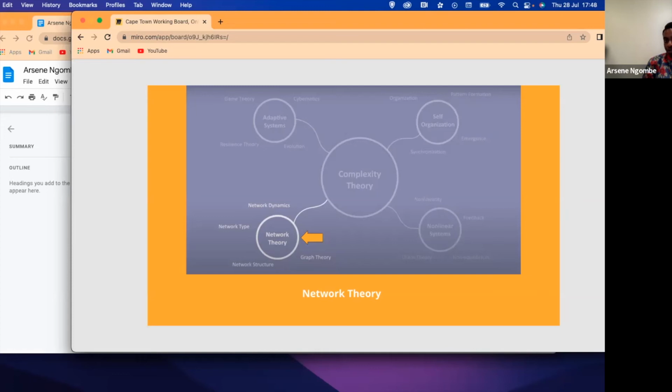When you have a low level of connectivity, then you also have simple systems, and this is governed by properties of the part rather than the relationship between those parts. And when you look at the connectivity, it becomes a network that shapes the structure of the features of the system.